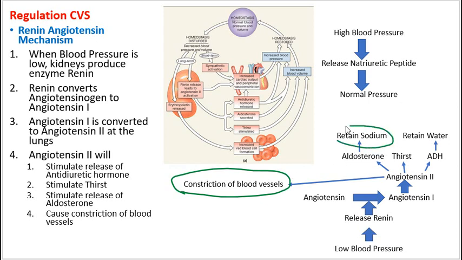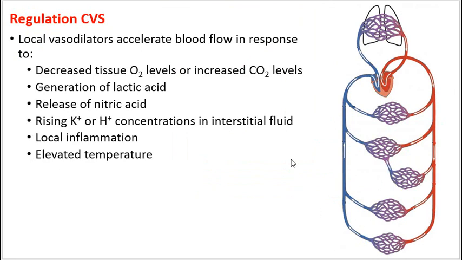You're retaining sodium, you're retaining water, you're producing less urine, you're thirsty. All of them lead to one thing: they will increase the volume, and that increase means the blood pressure is going to go back to normal. So basically, those two hormones regulate the blood pressure.